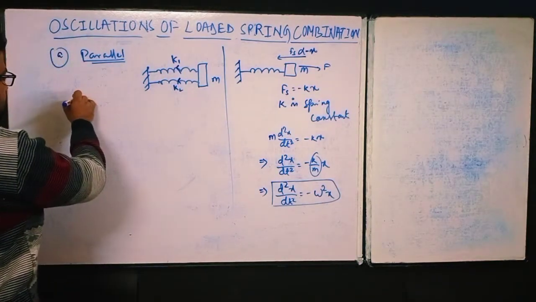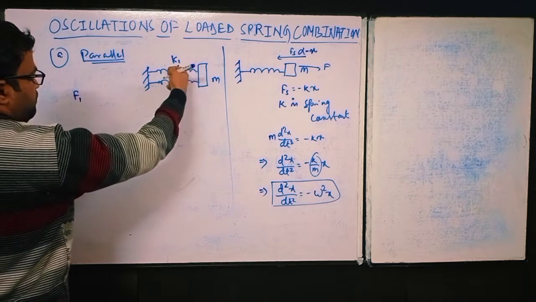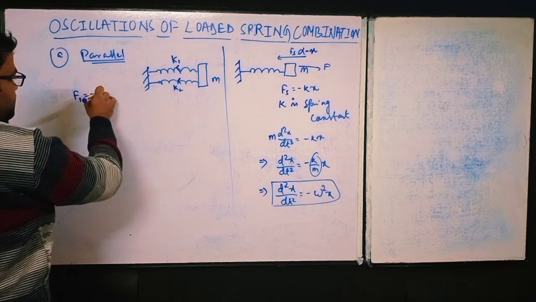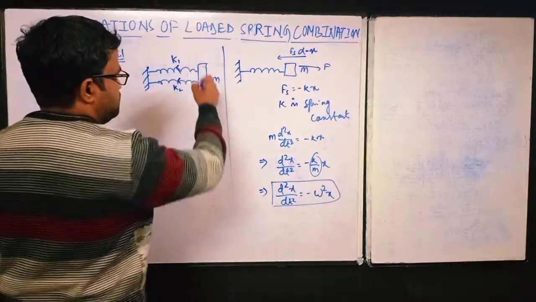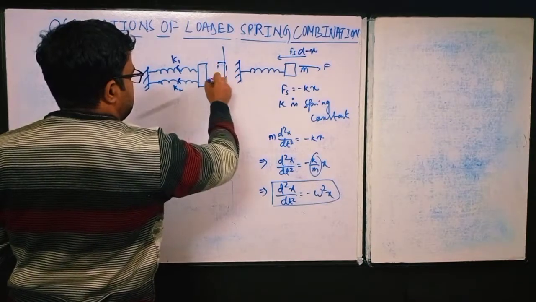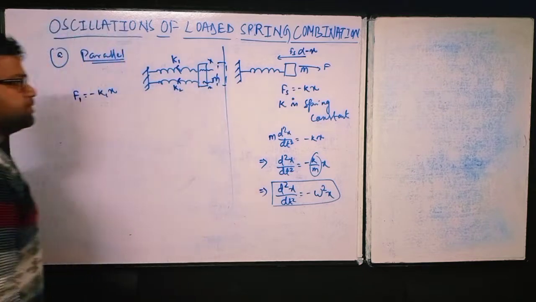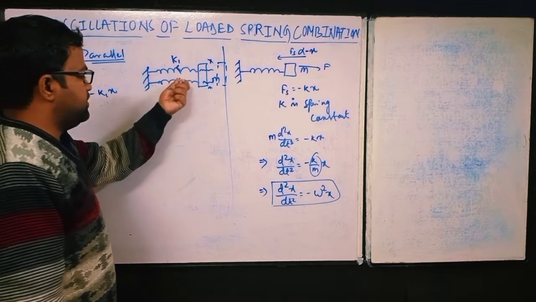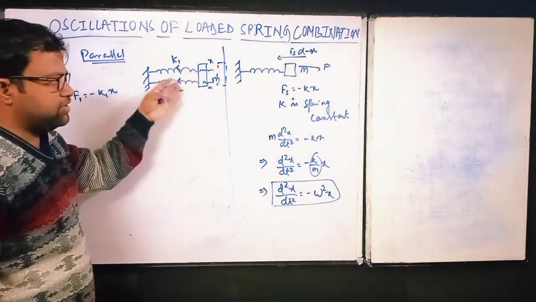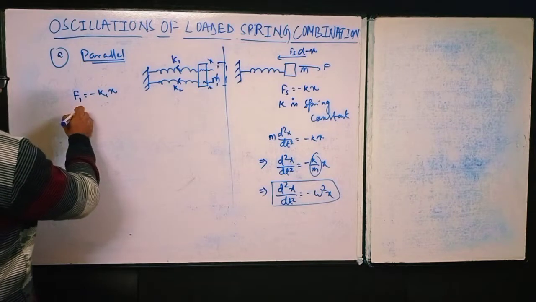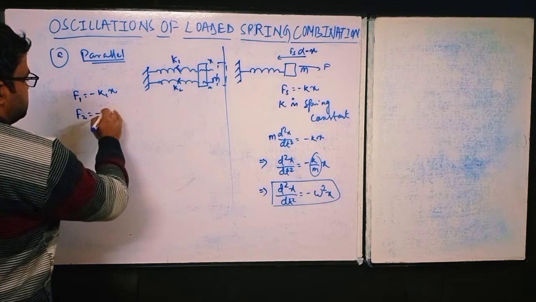So we can write that the restoring force, let's say F1 for spring 1, is minus k1x. The displacement x is the same for both springs, but their k are different, so they will have different forces. So F2 will be minus k2x.